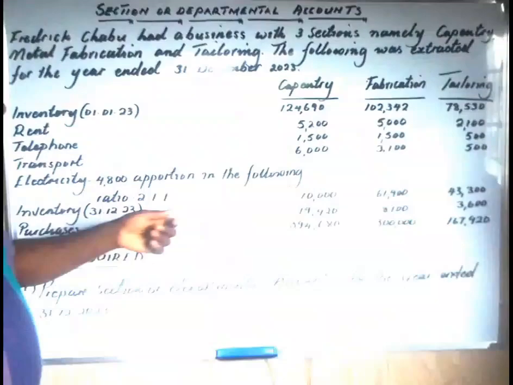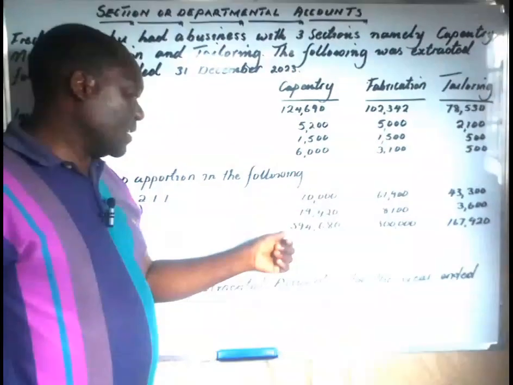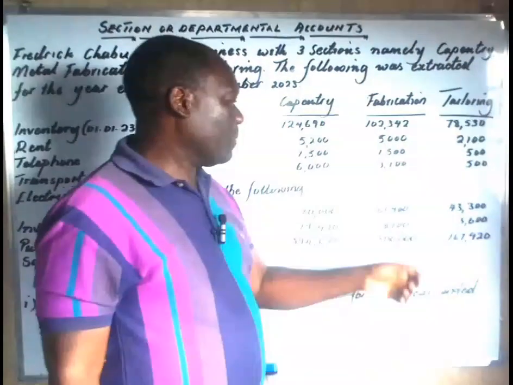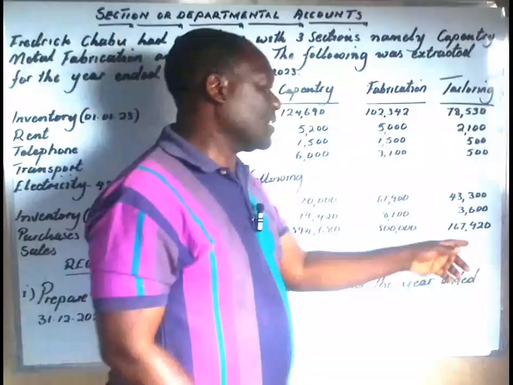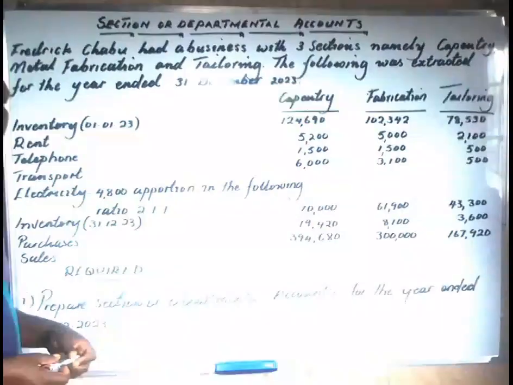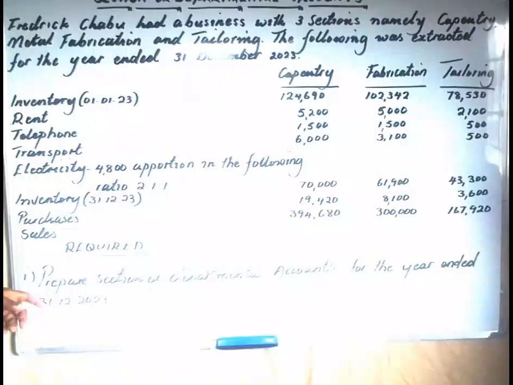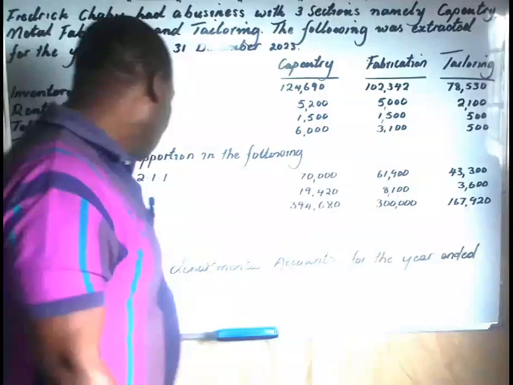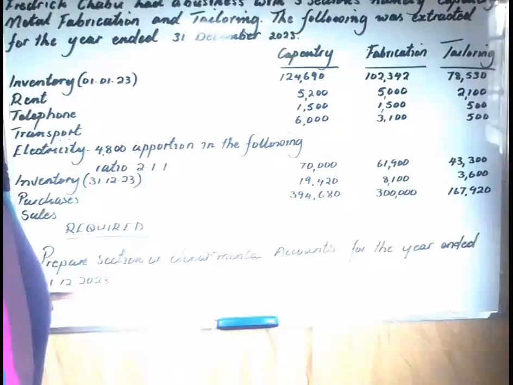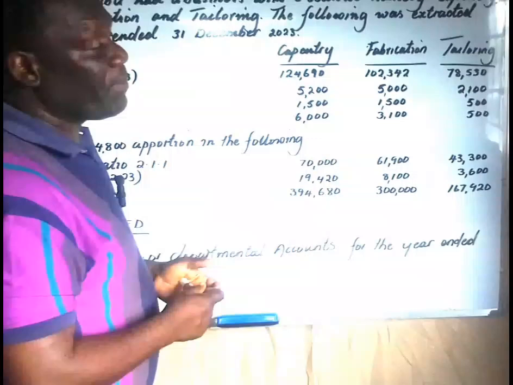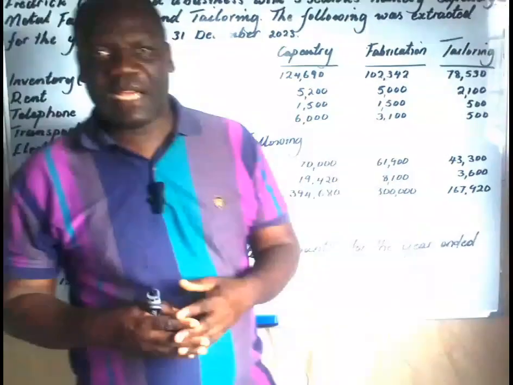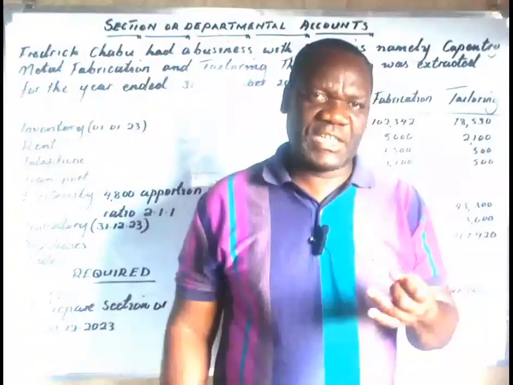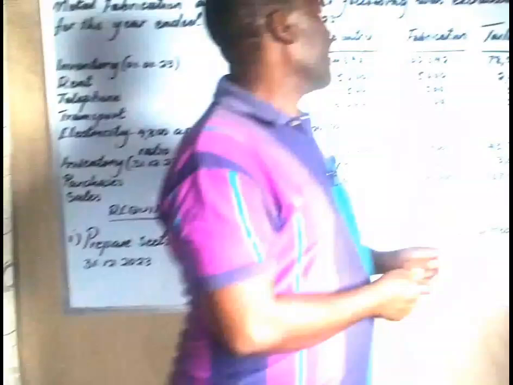Sales, we have 394,680 for carpentry, 300,000 for metal fabrication, 167,920 for tailoring. Required, prepare section or departmental accounts for the year ended 31st December 2023. So we are preparing an income statement according to these sections: carpentry, metal fabrication, and tailoring.